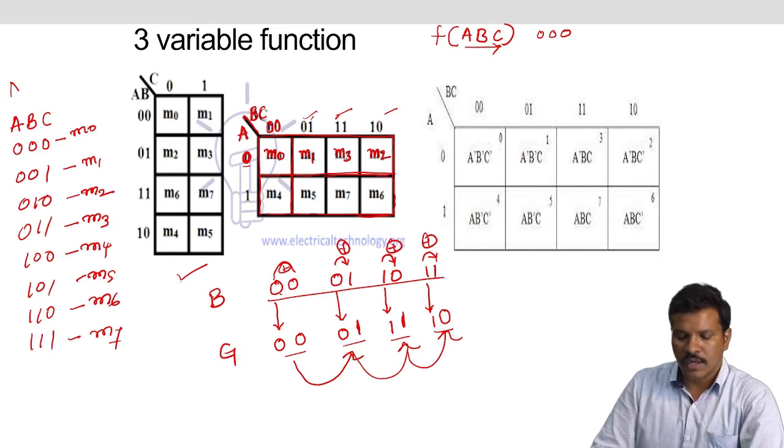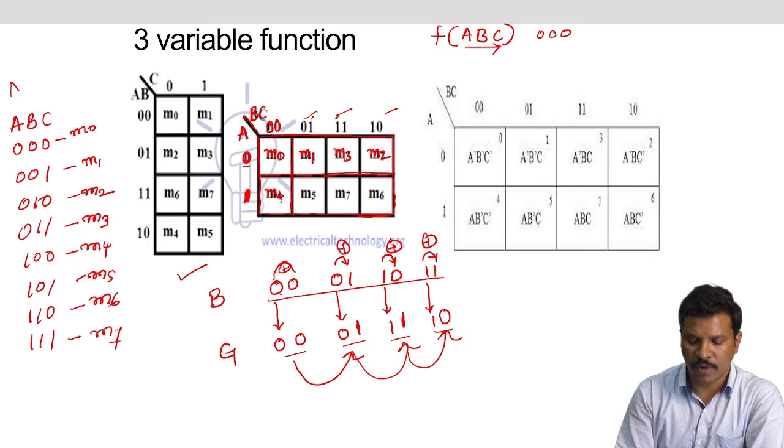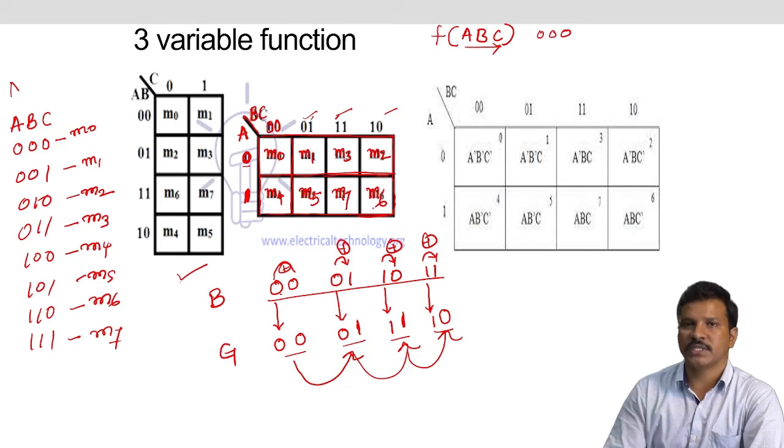So in that way we have the first row and second row for the variable A, and the first column for BC. 1 0 0 represents 4, minterm M4, then 1 0 1 is minterm M5, 1 1 1 is M7, 1 1 0 is M6.